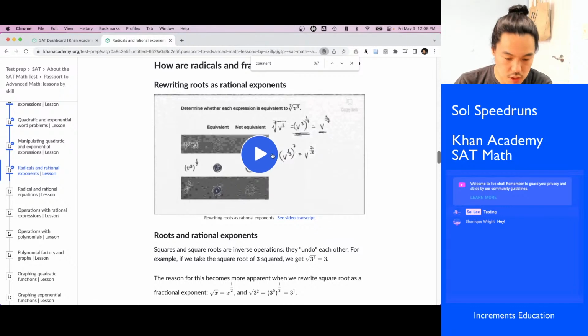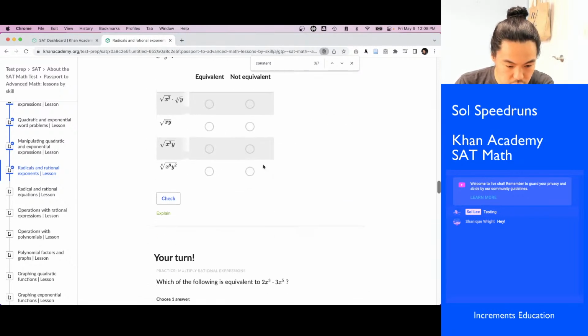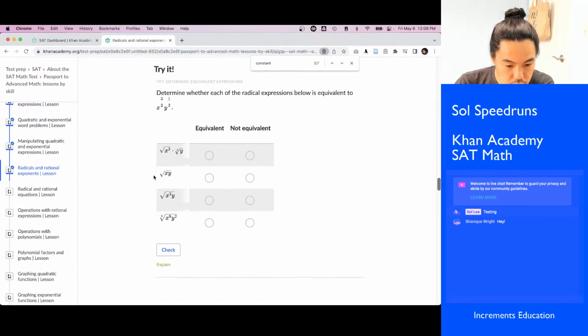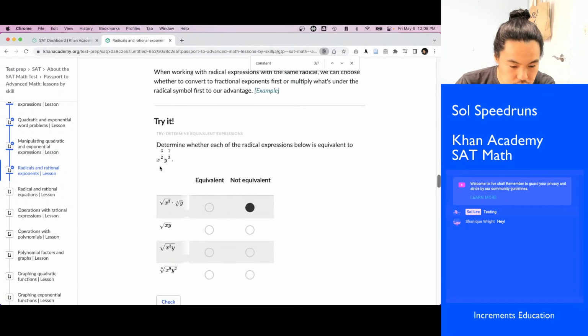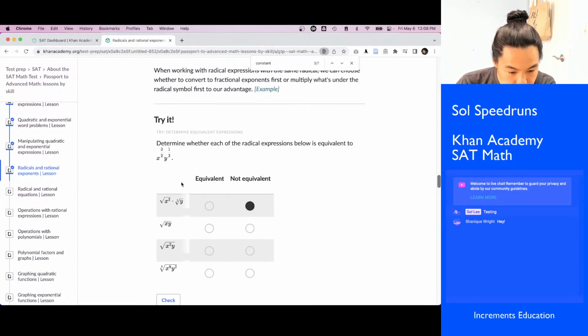Rewriting roots as rational exponents. I think I'm good with this. I remember this. These are definitely not equivalent. What? Oh, hang on, I'm looking over here. I see. x to the 3/2, that's correct, and 1/3, that's correct. That is definitely not correct.